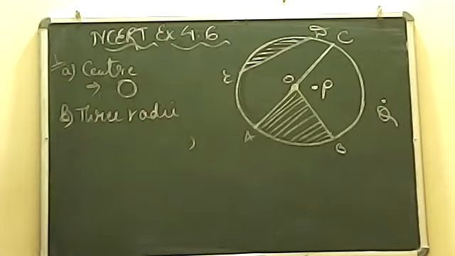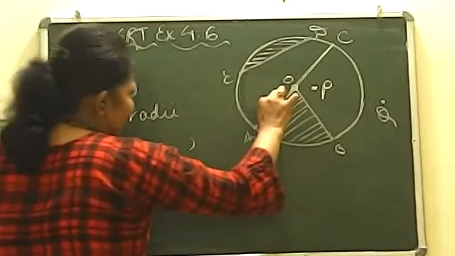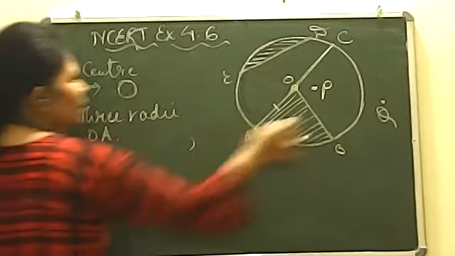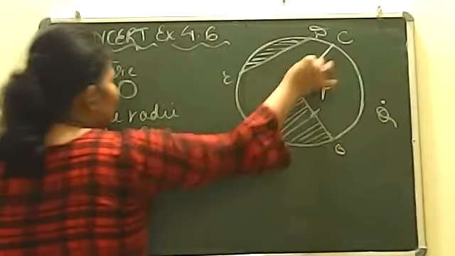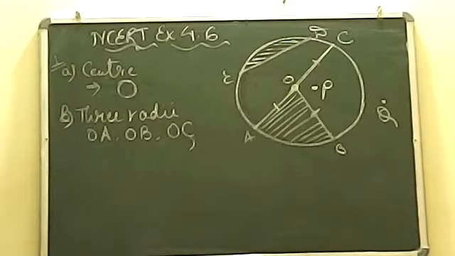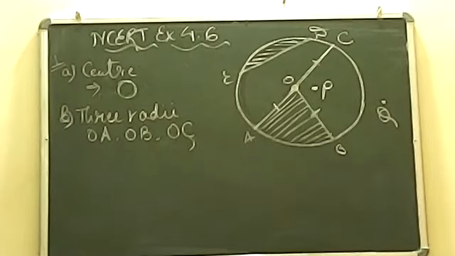So we have to find out 3 radii. Please write your answer in the chat box. This is OA. This is OB. And the third one is OC. You all are right. The correct answer is OA, OB, and OC.